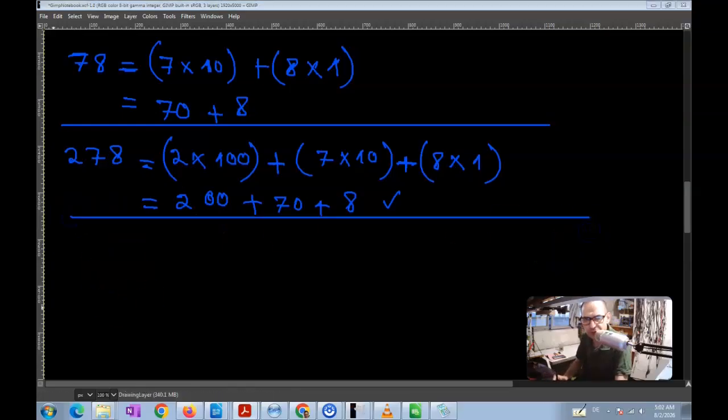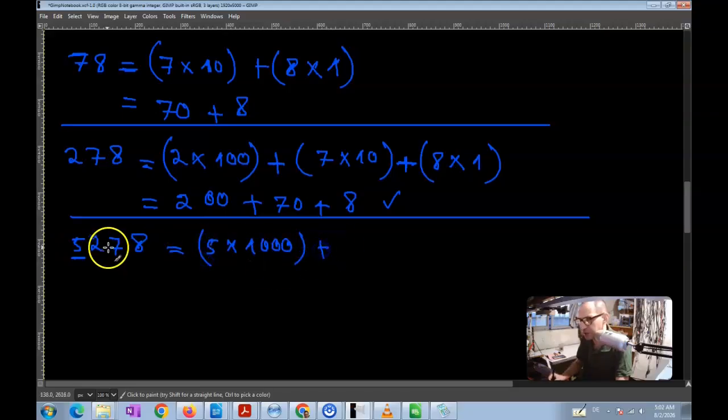Now we could also have, for example, a 4-digit number, for example 5,278. So in 5,278, we have this 5, which is in the thousands place value. That means that essentially I have 5 groups of thousands. This 2 is in the hundreds place value, so I have 2 groups of hundreds.